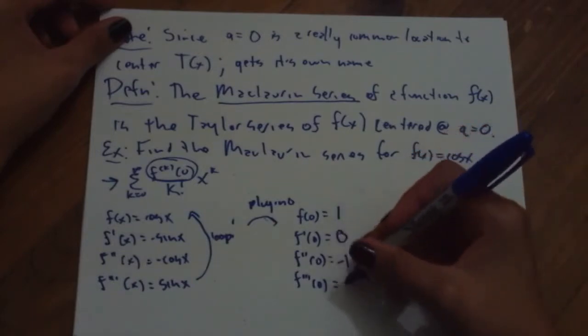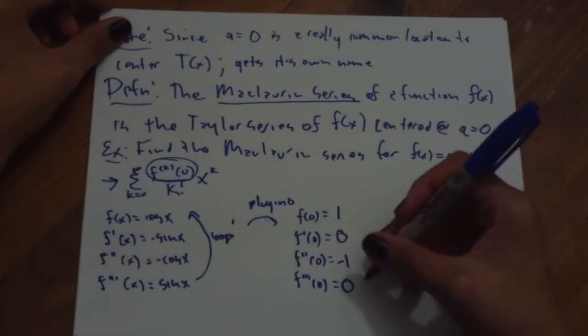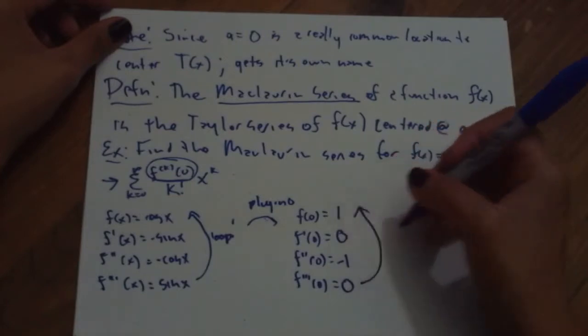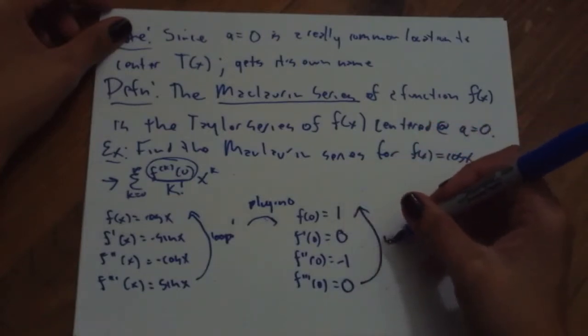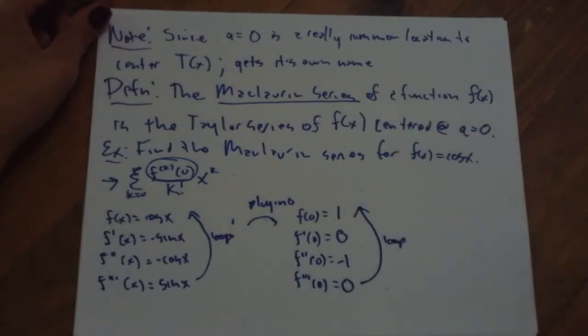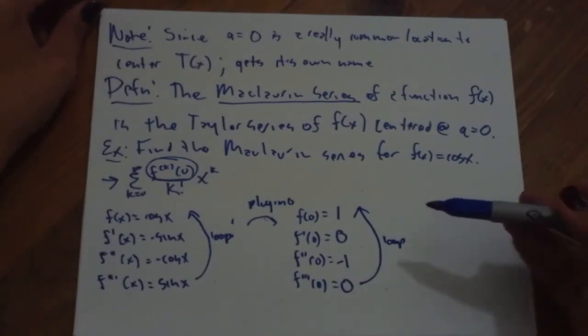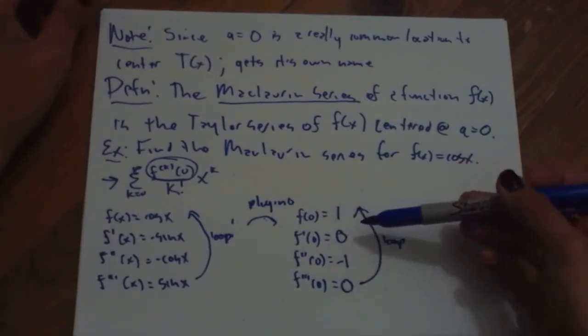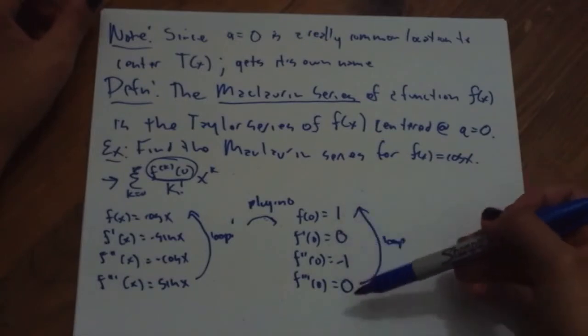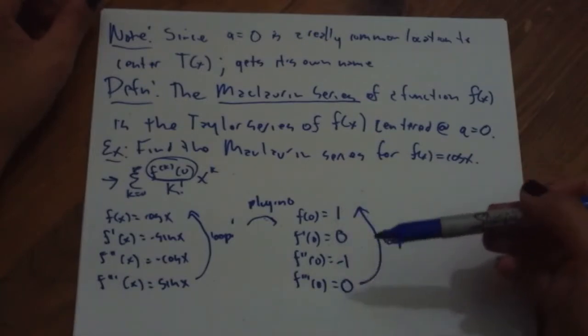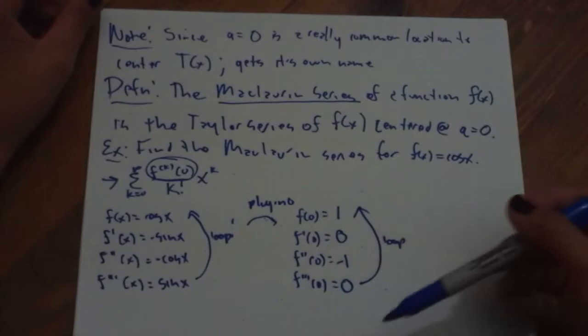Sine of 0 is 0, so that'll give us these guys. So my pattern is again going to loop. If I want to look for a solid pattern in all of my derivatives here, this is going to go 1, 0, negative 1, 0, 1, 0, negative 1, 0 forever.